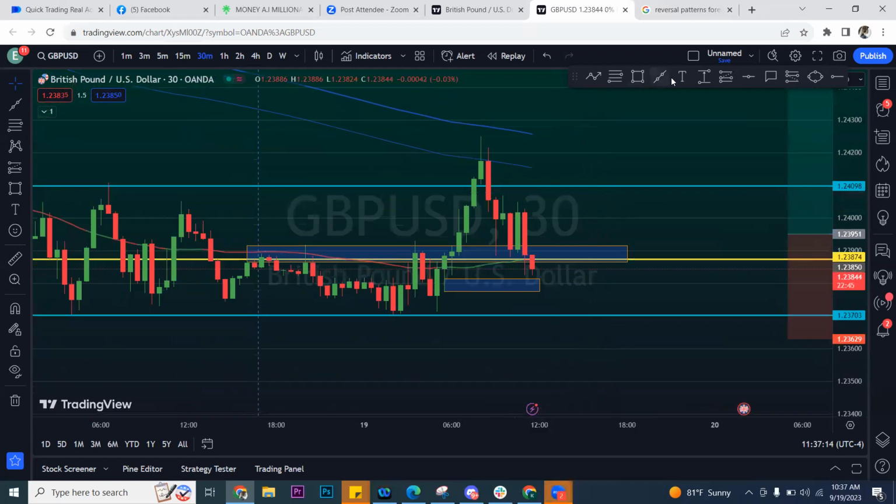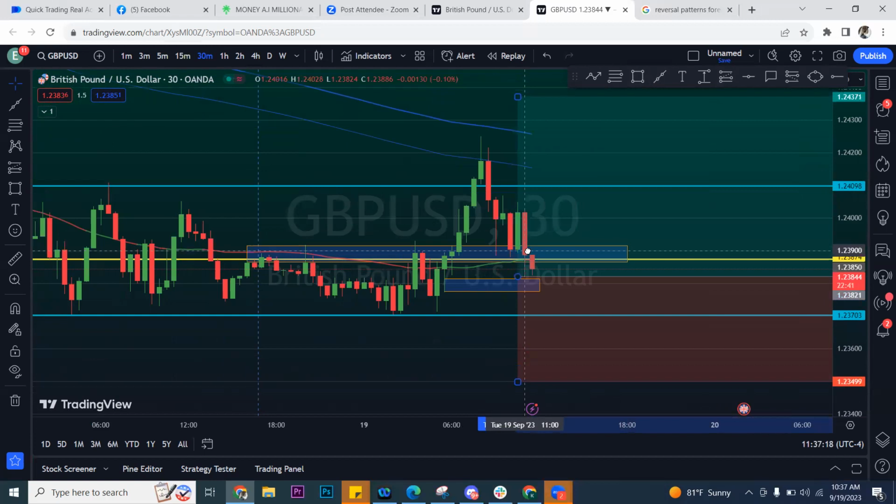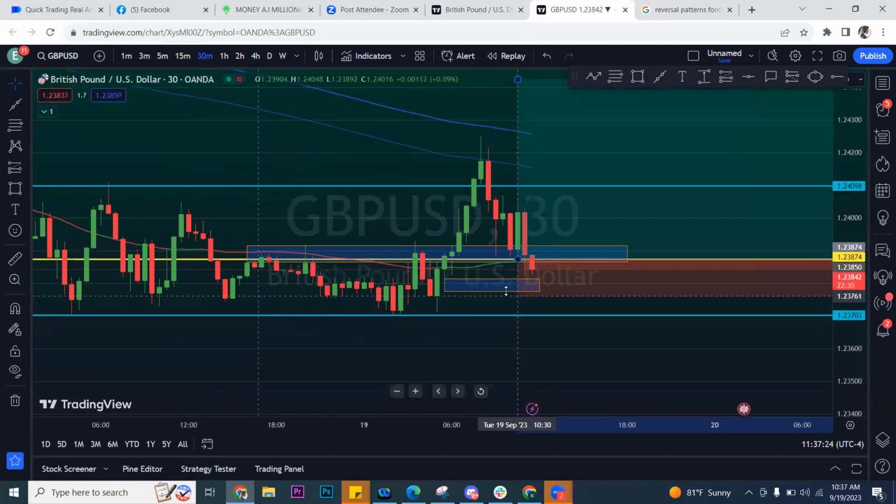So here, I'll do one of these numbers. You should say I enter the buy along here. Once it breaks above this part, I can put stop loss here.